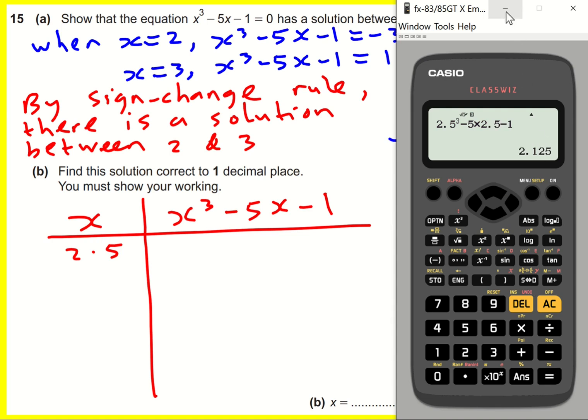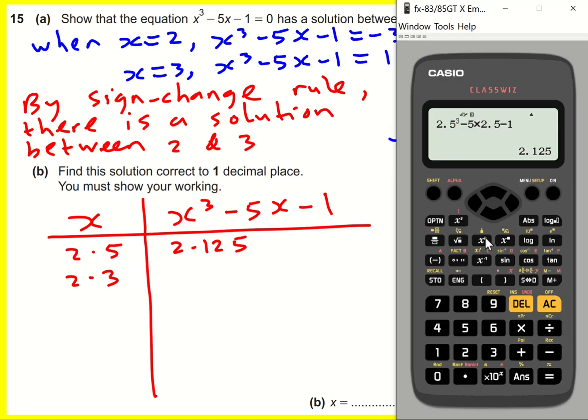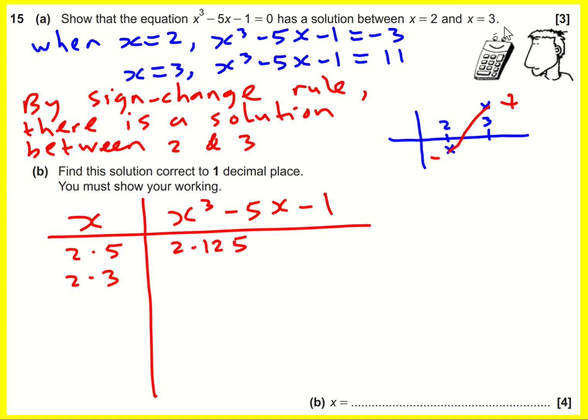So now we get a positive 2.125. What does that tell us? It tells us that the root is between 2 and 2.5 now, because again there's a sign change. So I'll jump to 2.3, which now gives me a negative, minus 0.333.